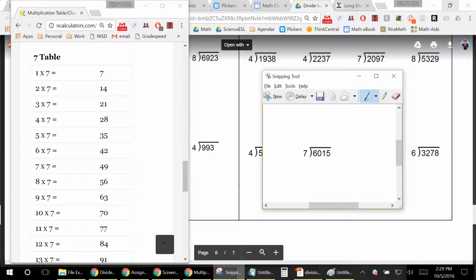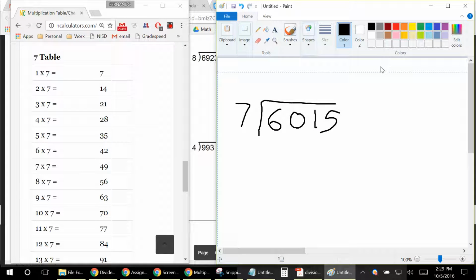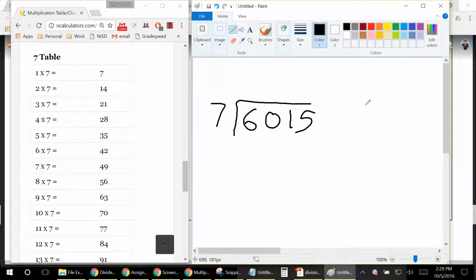Okay, so there's our problem. Need to move it down a little bit and you'll know why in a minute. For now, we're going to look at the number 6. Looking at the number 6, how many times does 7 go into 6?